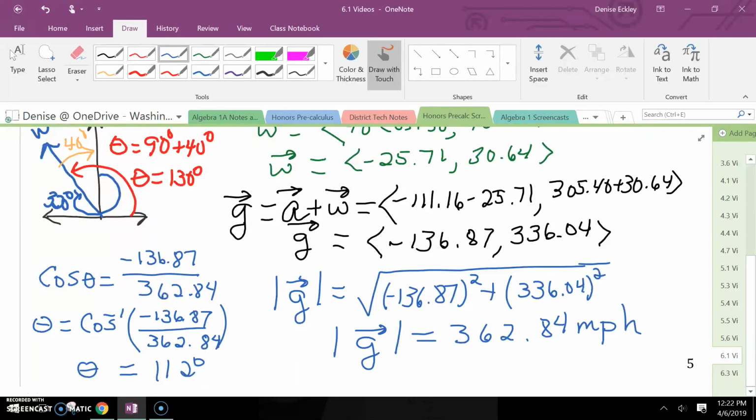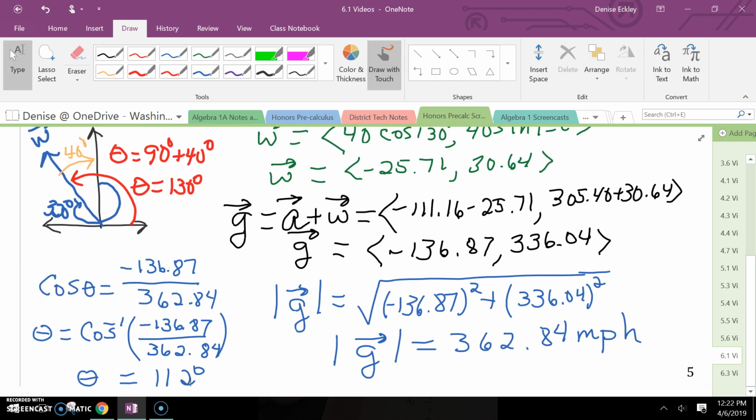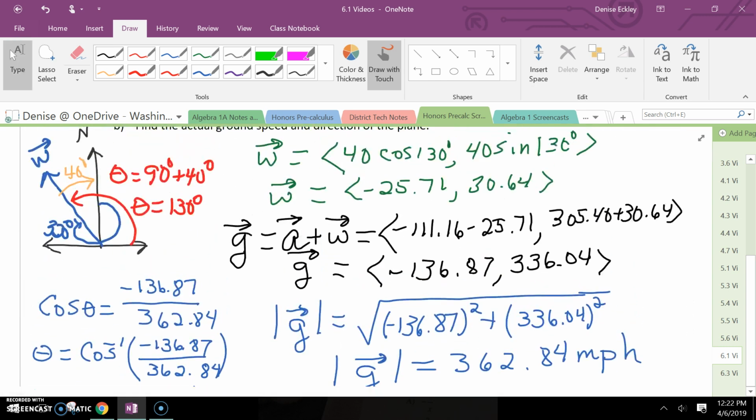Now that is not our final answer. Please remember that. That is just our direction angle. If we look at our picture, that would be the red part of the circle. So what we need to do is subtract that off from 90 to get this part right here.